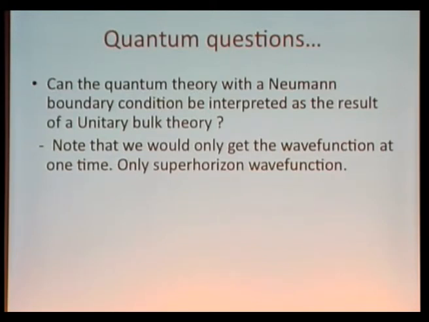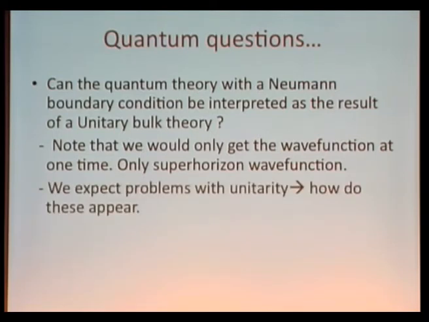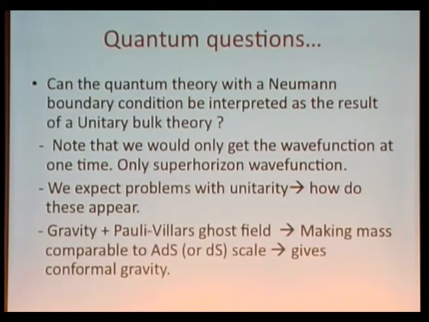And the equivalence between the ordinary gravity theory and this theory is only at time equal to 0. So we could wonder whether, if we did loop corrections, we would see unitarity violation or not. We should be able to recognize if we expect problems with unitarity, and it would be interesting to understand whether these do appear or do not appear, or how they manifest themselves.